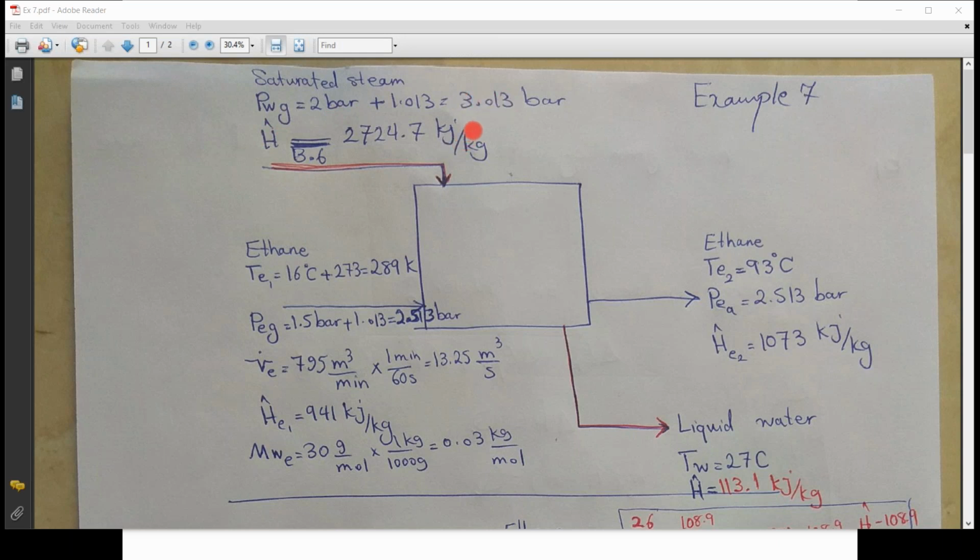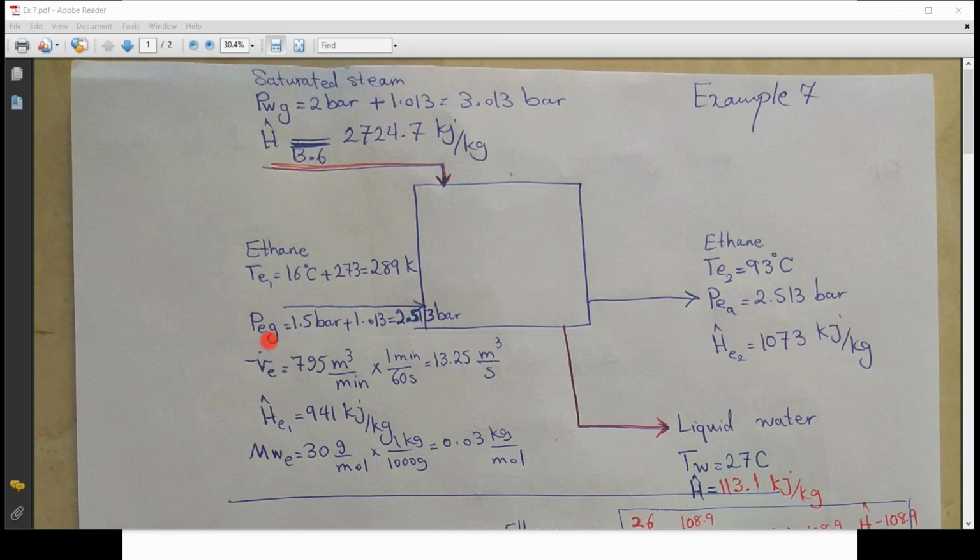So this is what you have to find out first. What I did more, just to make the calculation easy, as you always wanted, I changed this value, just in case I need the Kelvin value, to Kelvin. You can calculate it if you want.